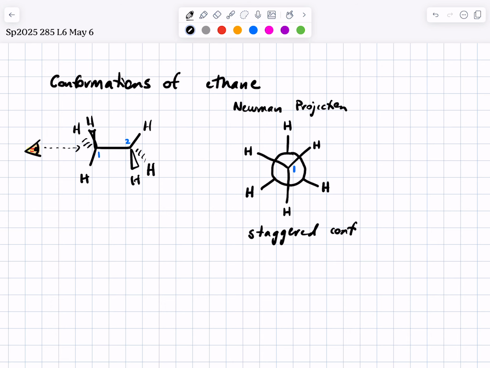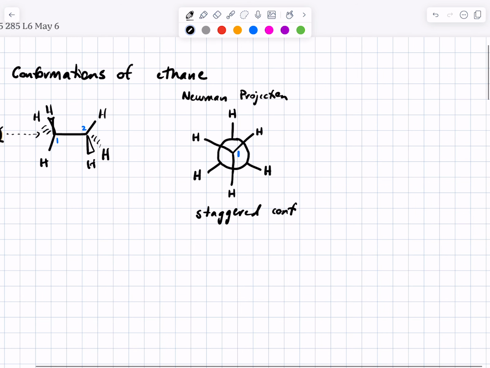And then if I wanted to draw an eclipsed conformation, which are high energy, I could simply, with my imagination, rotate the carbon in the front, pull this hydrogen up so that it would be aligned with the hydrogen in the back.